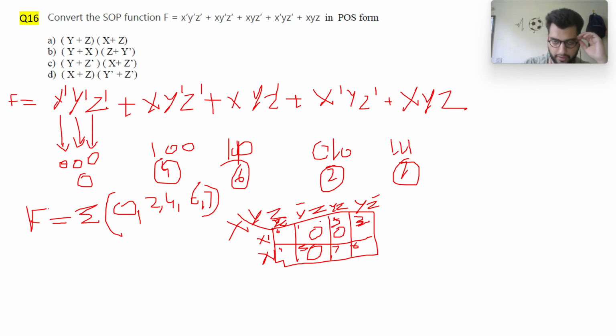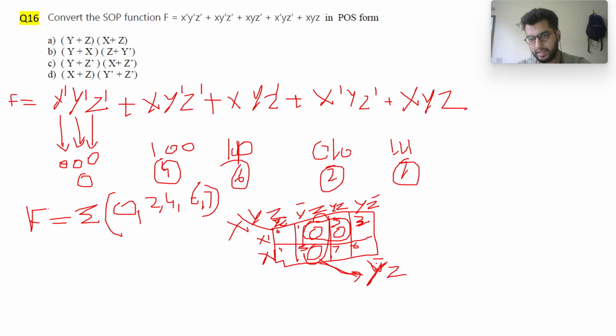Now make a pair from these two. So now we have to write a POS form, not the SOP form. So how will we do it? If it was a SOP form, the contribution from this pair was y bar z. I'll just show you how to convert this SOP form to POS form.